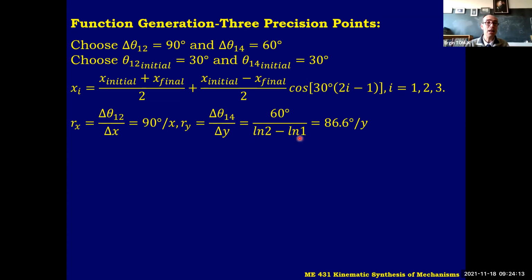So this is a number less than unity. Let me just check. ln 2 is 0.693 and ln 1 is 0 naturally.